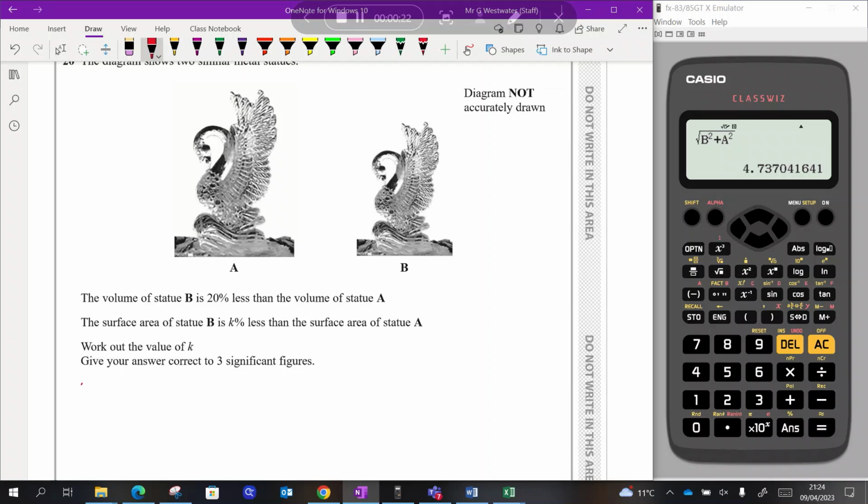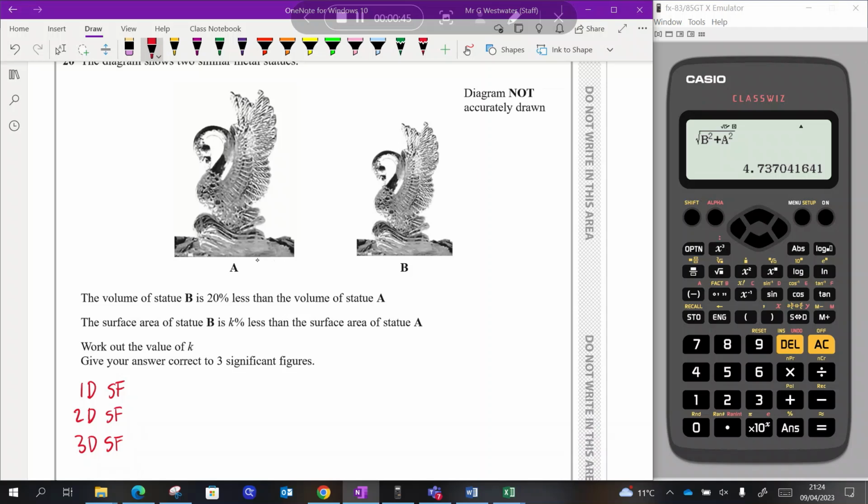So before I get going, I'm going to write 1D scale factor, 2D scale factor, and 3D scale factor here. And remember, whatever your 1D one is, you square it to get your 2D, and you cube it to get your 3D one.